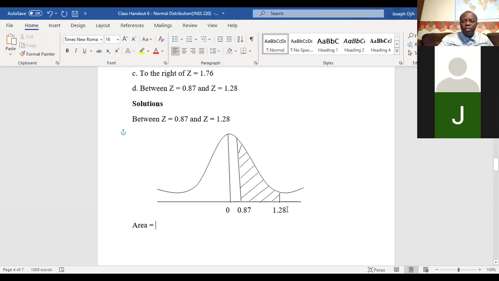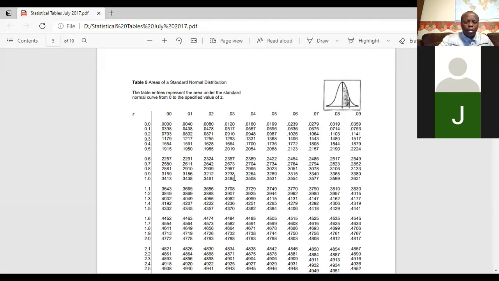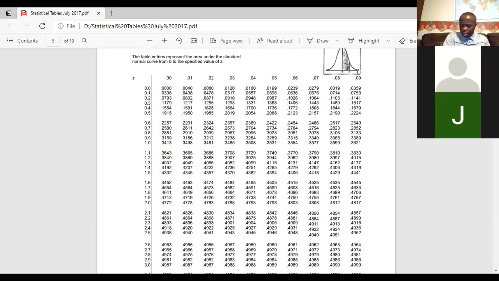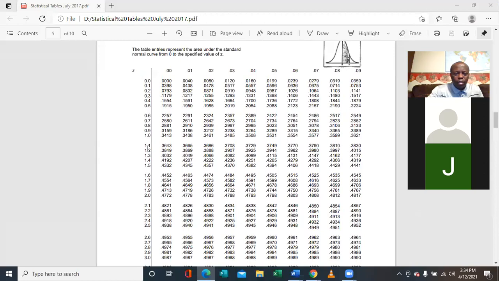So this is the bigger z value. So let's find it first. 1.2 under 8. So I'll take you to the table. See 1.2 right here. Z 1.2, then you go under 8. I'm gonna write this down. 1.2 right there.